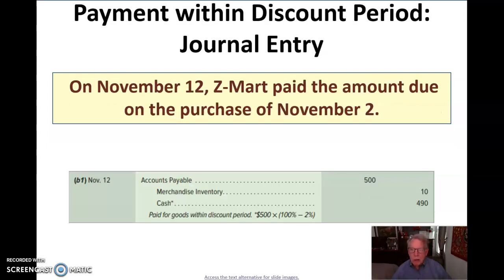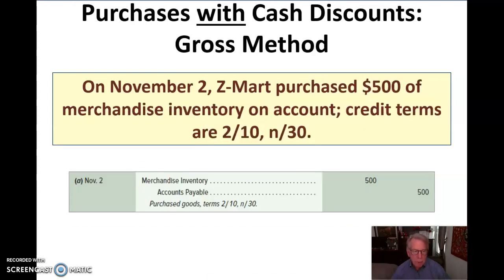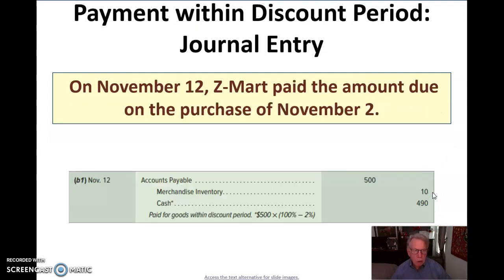But once we do, now they pay this amount within that 10-day period. So they're going to take the discount. And so they reduce the entire accounts payable with a debit that washes out that credit that we just posted in the previous transaction. So when we debit it, it washes that liability out. We're going to pay cash of $490. What do we do with that $10? That discount?